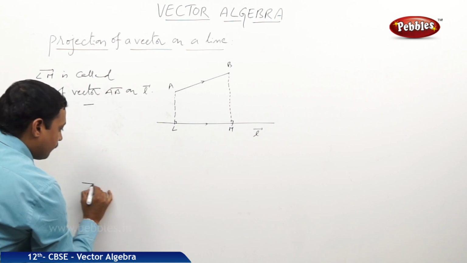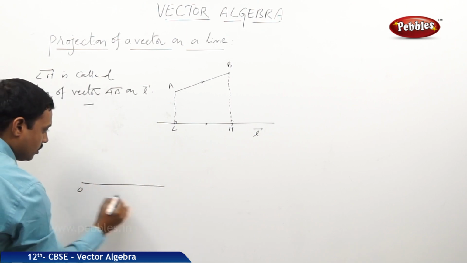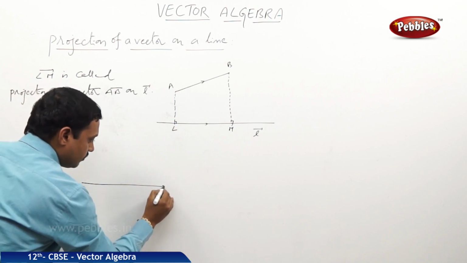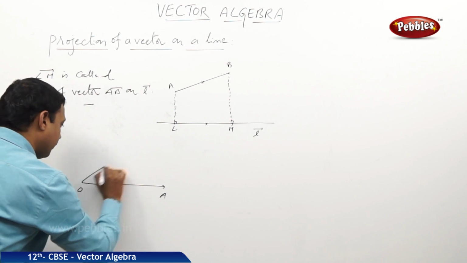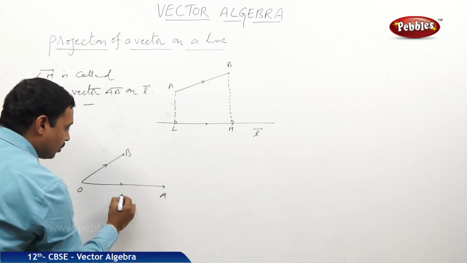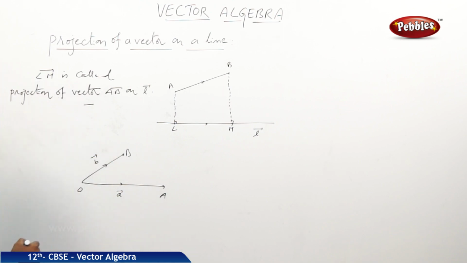Suppose one vector is like this, OA vector and OB vector. Let OA bar is equal to A bar and OB bar is equal to B bar.